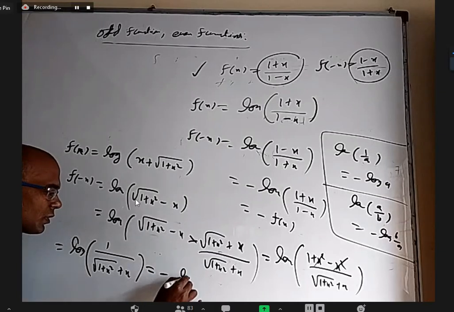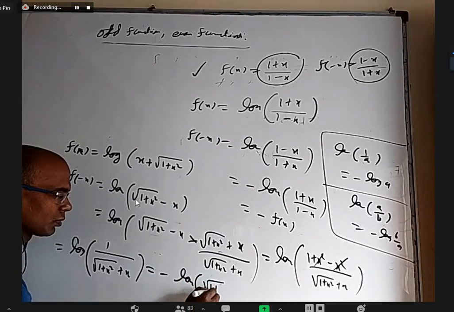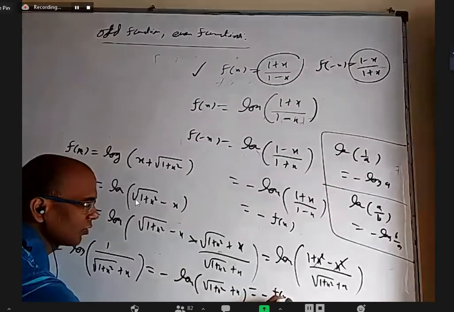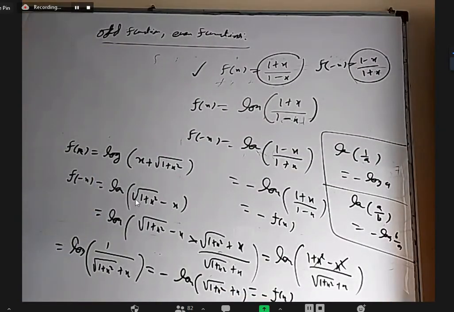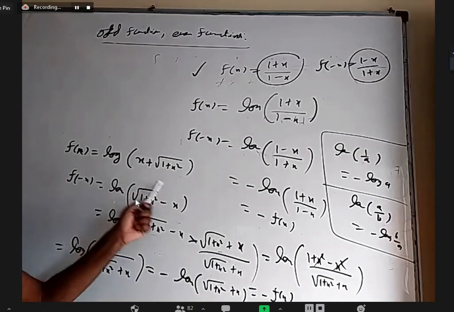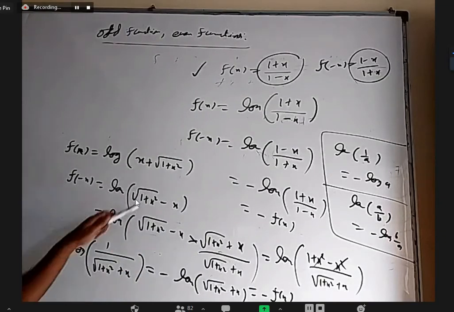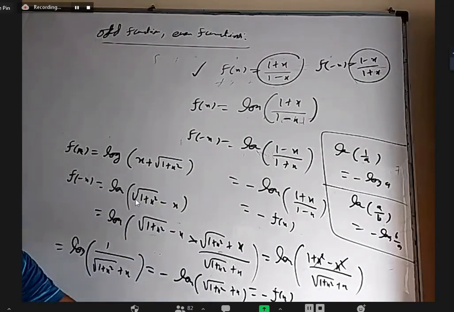Based on that, it is minus log of root 1 plus x square plus x, which is actually minus f of x. So just at first outlook, this appears completely different from this, not equal, not negative. But when you properly simplify, it actually comes minus f of x. So are you able to see this is an odd function here?